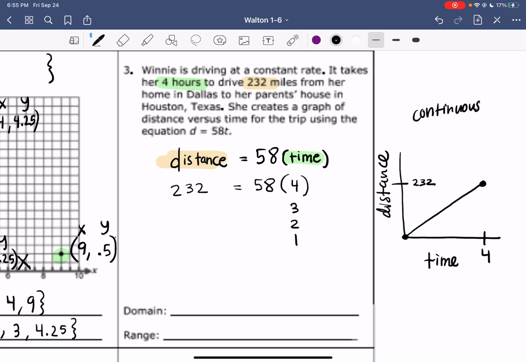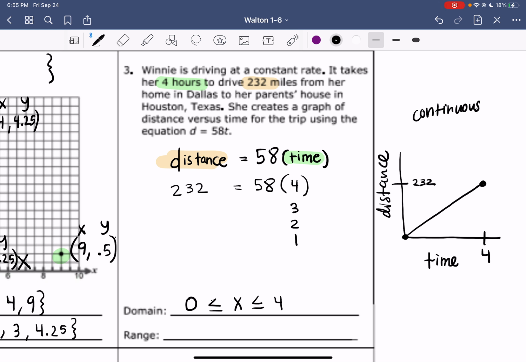So we know that our least x value is 0 because you have to start at 0. So 0 hours is less than or equal to x, which is less than or equal to our highest x value, which is 4. I almost waited for someone to respond to that.